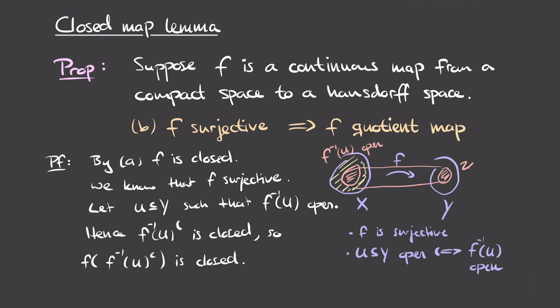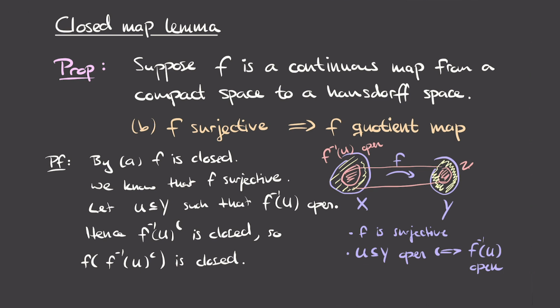Now let's think about what this image looks like. We're mapping the yellow set here under f, and we know that the yellow set is the complement of this red set. And moreover, the red set is itself the preimage of this red set on the right here. This means that this yellow set has to be mapped into the complement of the red set on the right.